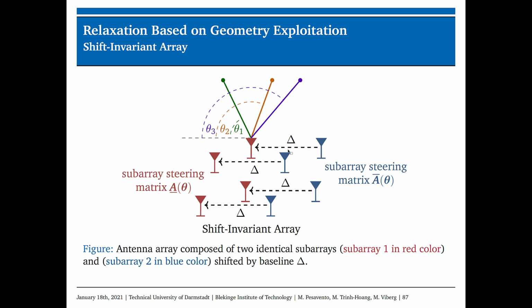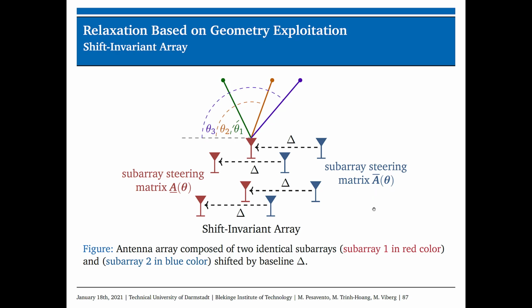So we have an overall array which is composed of 2 subarrays, the red and the blue subarray, where the red subarray has a corresponding steering matrix A underbar of theta, and the blue subarray has a corresponding steering matrix A overbar of theta.